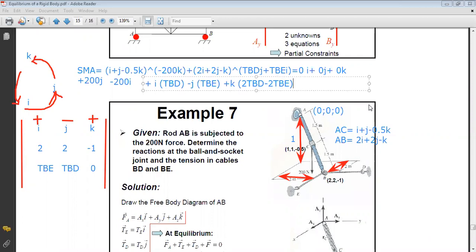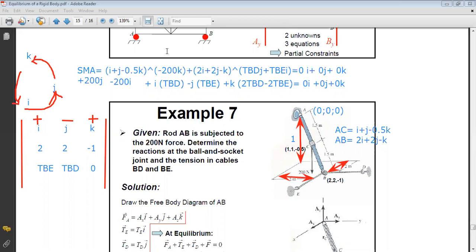This is along K equals 0I plus 0J plus 0K. Now what is the final step? The final step is to compare the two sides along I, J, and K, and we will obtain 3 equations.